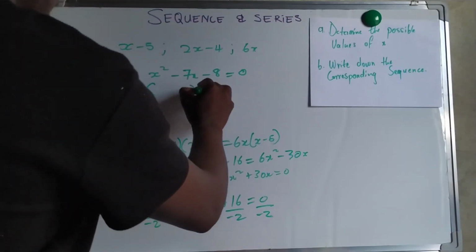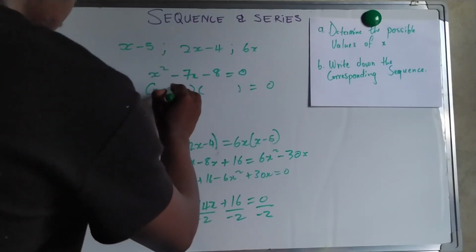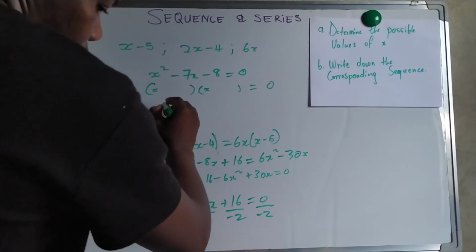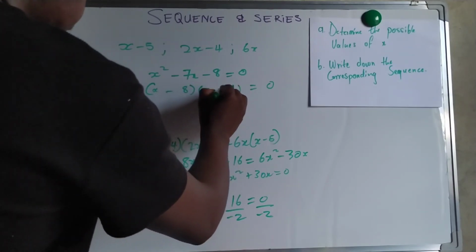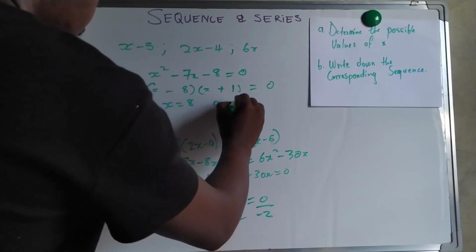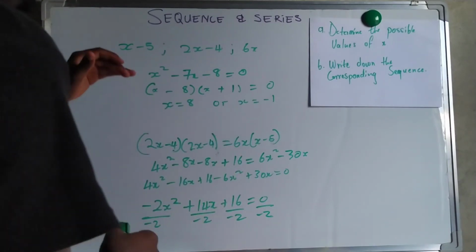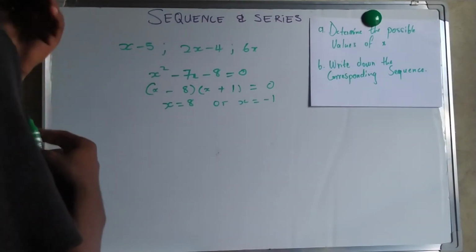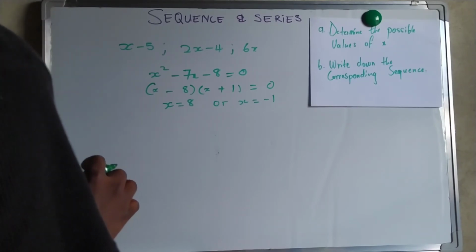So here we can solve for this one. You can use your quadratic formula or just factor out. Okay, then you'll have x is equal to 8 or x equal to negative 1. So these are the possible values of x. This is what we're going to do in response to the second question of writing down the corresponding sequence.